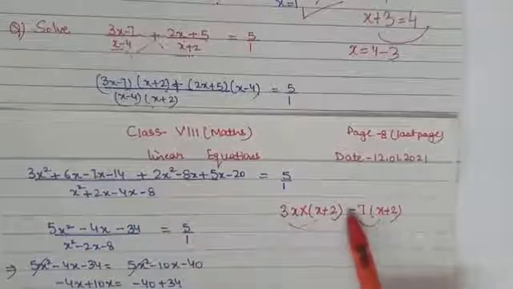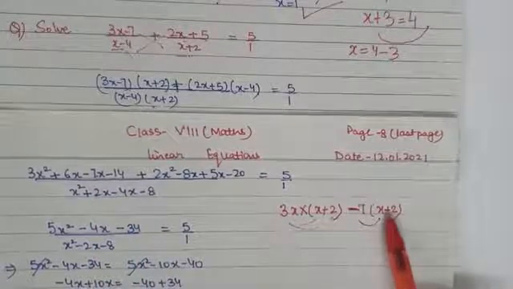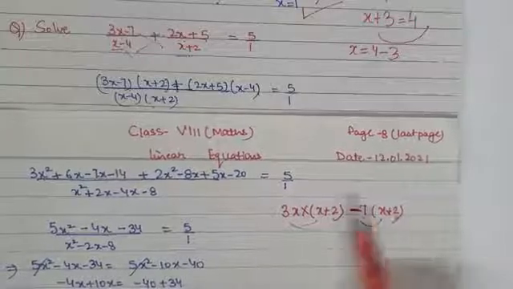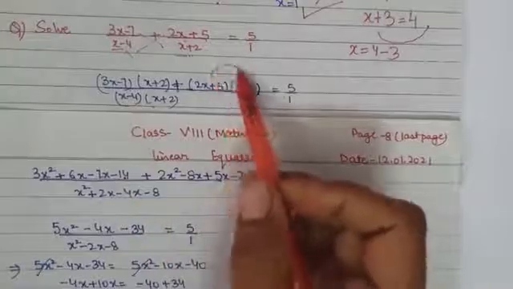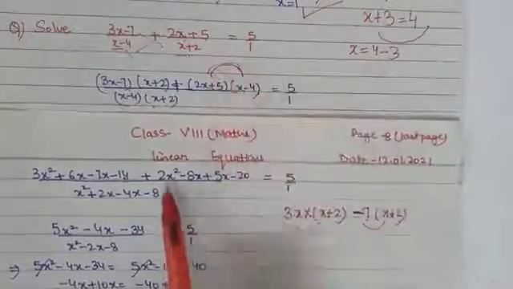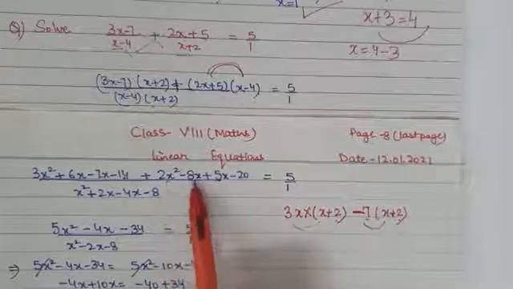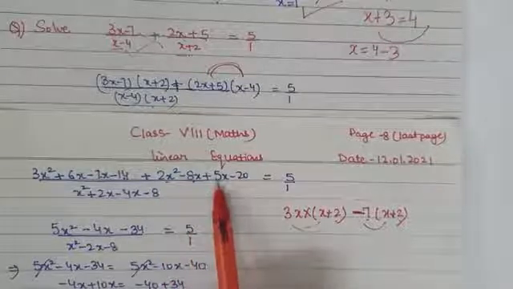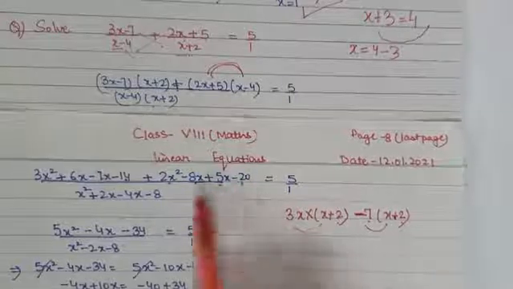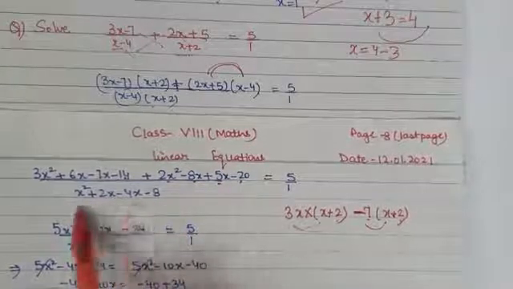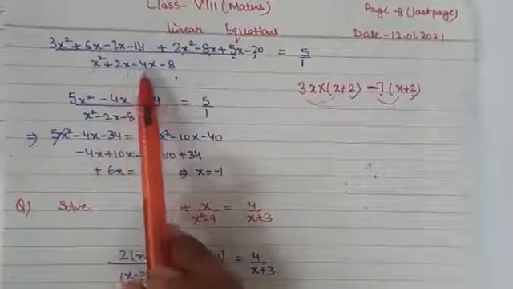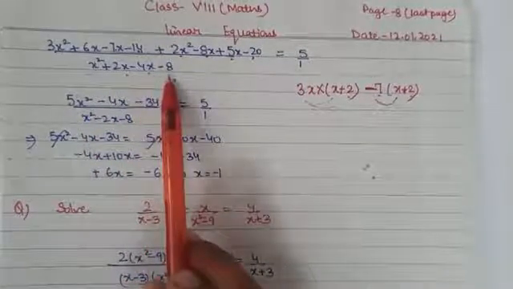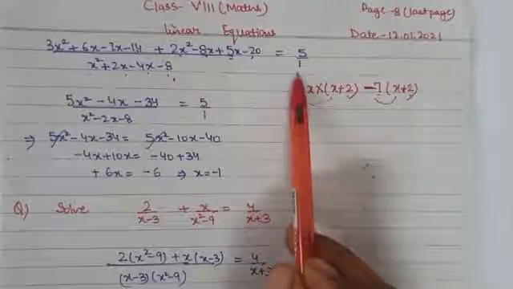Now minus sign is outside the bracket. Internal sign will get changed. 7 into 2, 14. In the similar way, we will multiply these two brackets and we get 2x square minus 8x plus 5x minus 20. And in the denominator also, we are multiplying the two brackets and we got x square plus 2x minus 4x minus 8 is equal to 5 upon 1.